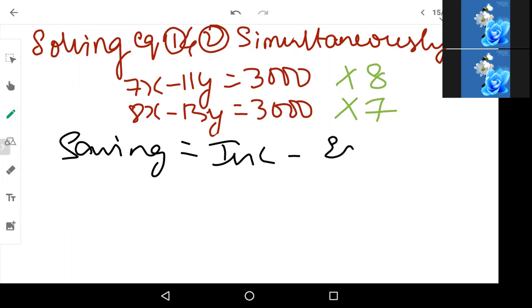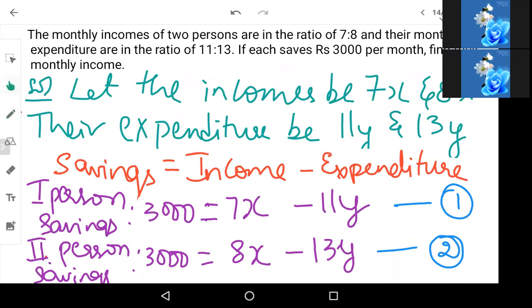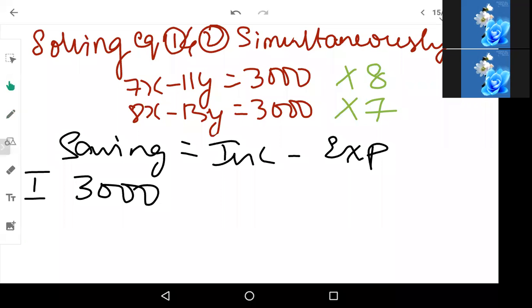In the question they have told us the first person has savings of 3000 rupees. So what is the income for the first person? 7x, correct? So I will take the income of the first person as 7x.